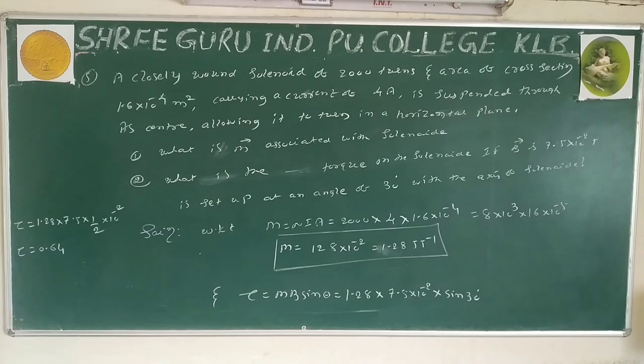Is it correct? 0.64 into 7.5 into 10 to the power of minus 2. That is nothing but 4.8 into 10 to the power of minus 2 Newton meter. Check करो एक बार.